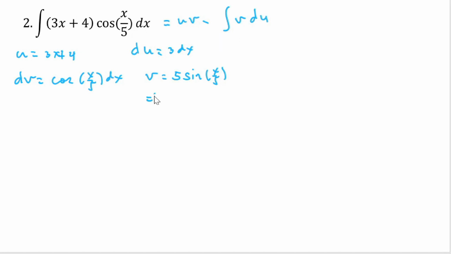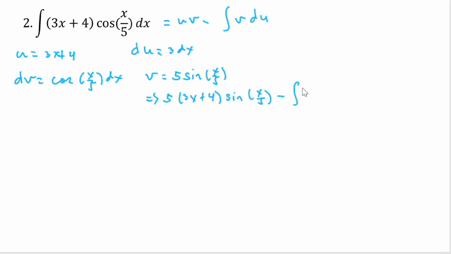So I will just write the answer here. The product of uv now is 3x plus 4 times 5 sine of x over 5, so I can write that now as 5 times 3x plus 4 times sine of x over 5 minus the integral of v du.